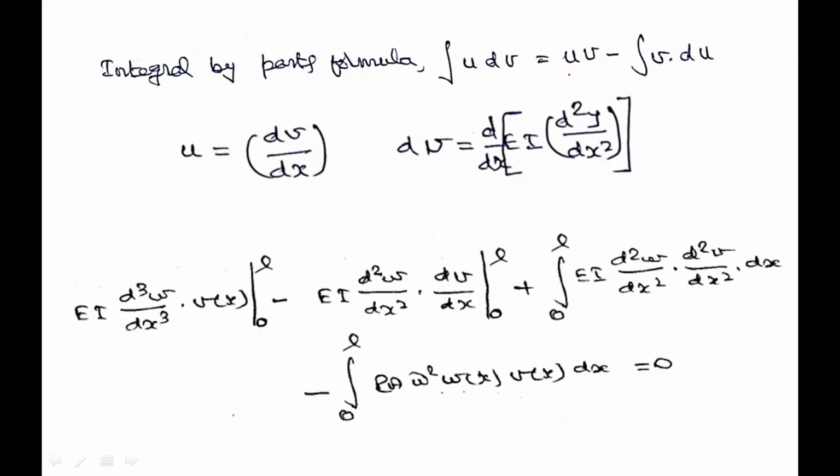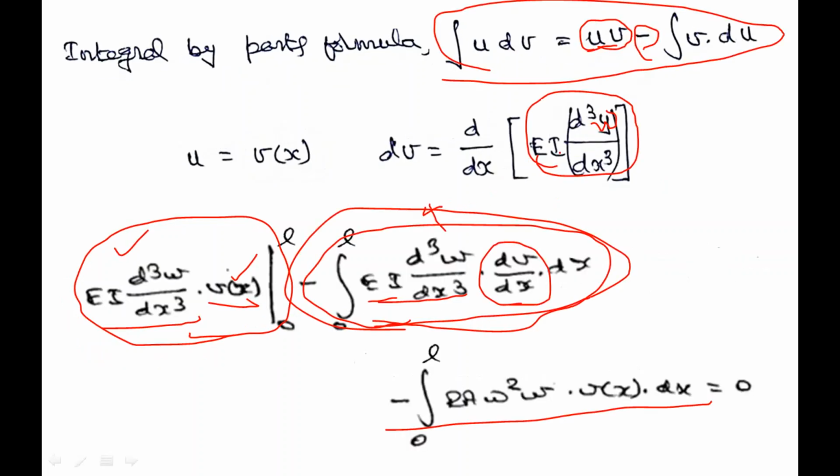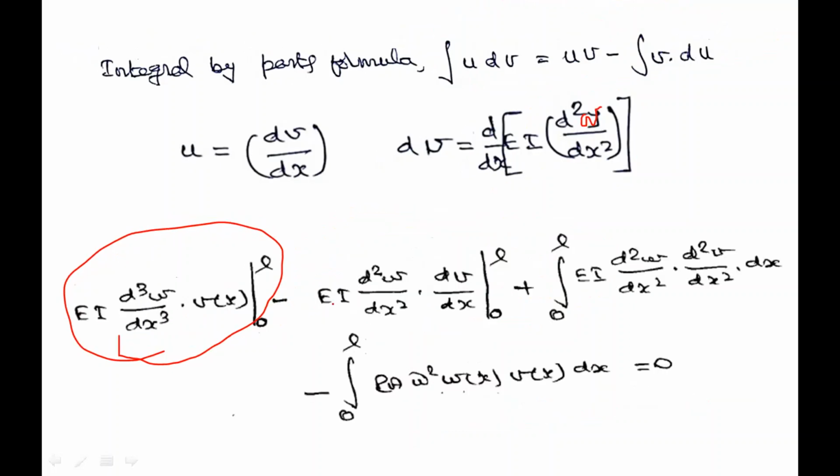In this case, in uv minus integral v du, u becomes dv by dx, and dv is going to be EI d square w by dx square. This term we already got from the earlier step, and now with the minus sign outside, we get minus uv, where u is dv by dx and v is EI d square w by dx square.